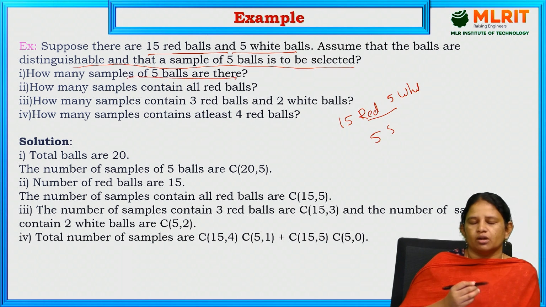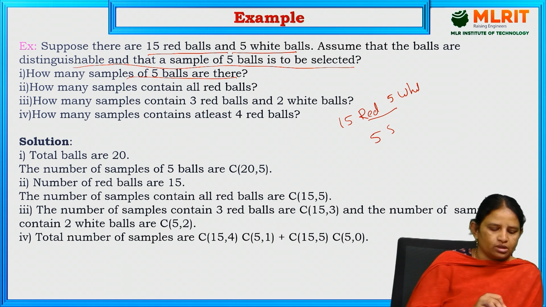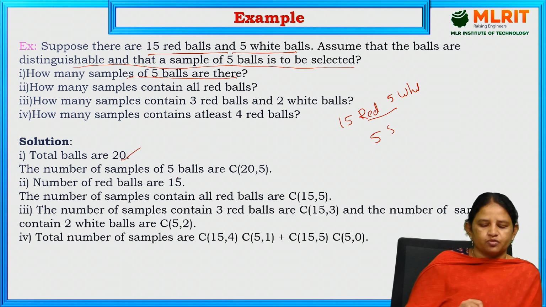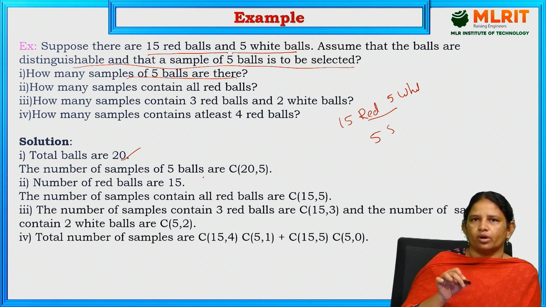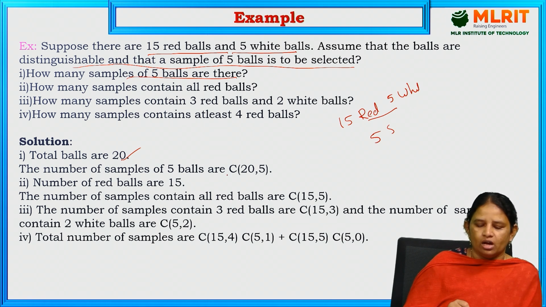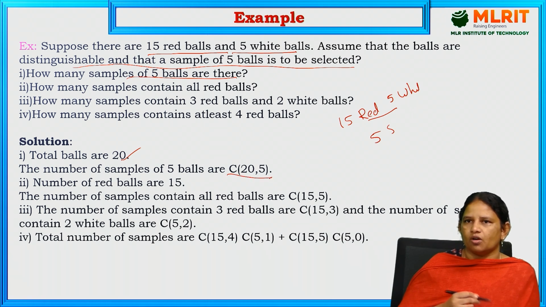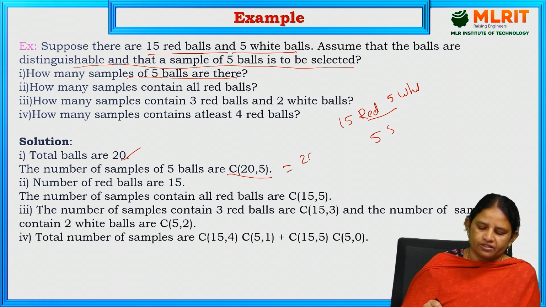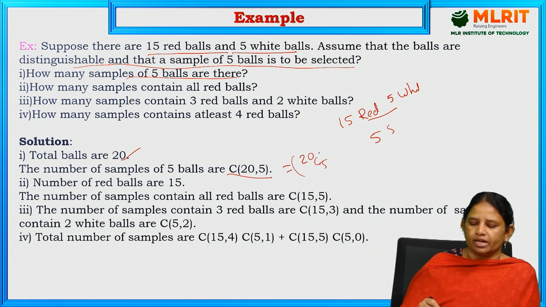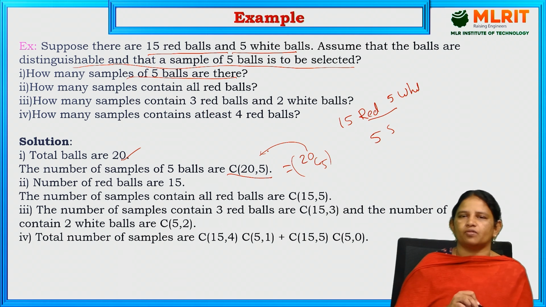Total balls are 20, and out of 20 we are going to select only 5, that is 20C5. Both are the same; you can write it like this or you can write C of 20, 5.